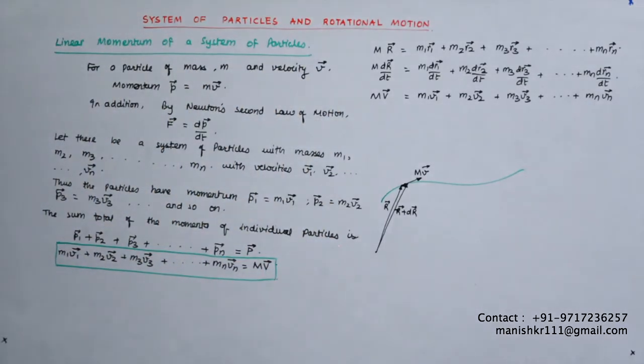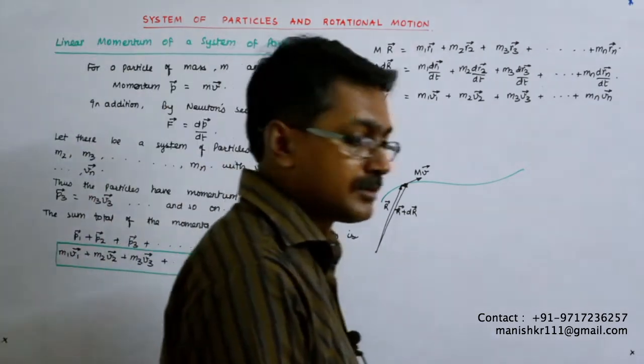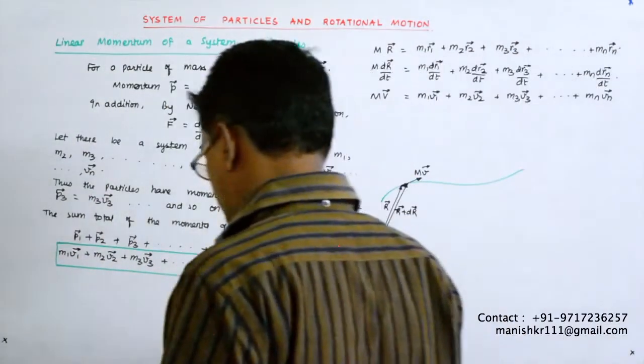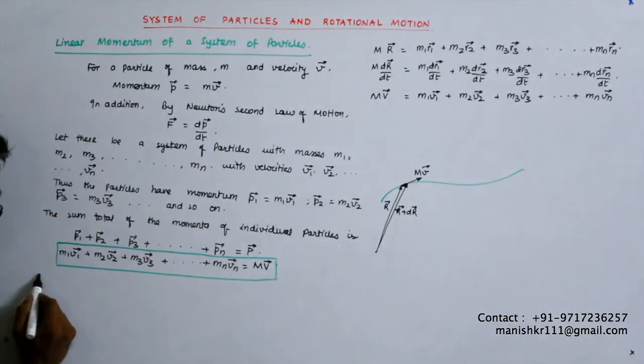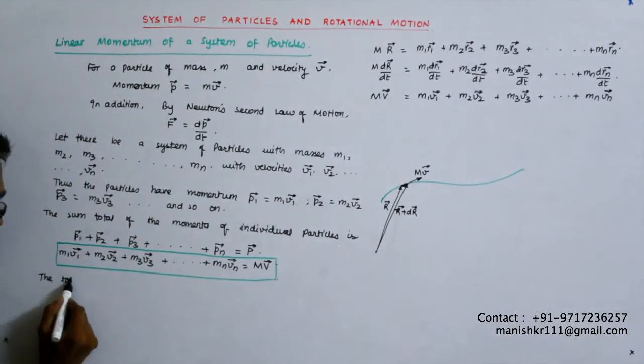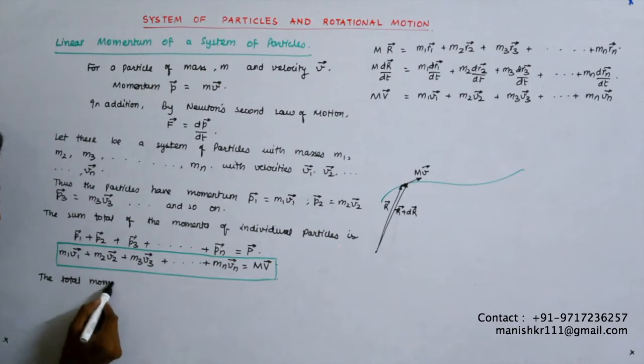Fine. So this is the total momentum. The total momentum of a system of particles is equal to the product of the total mass of the system and the velocity of the center of mass.